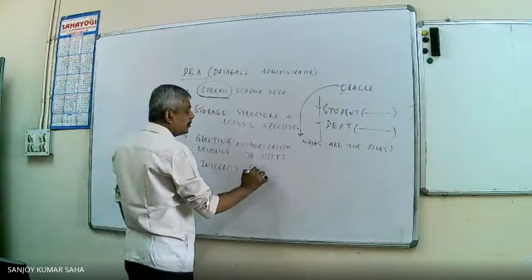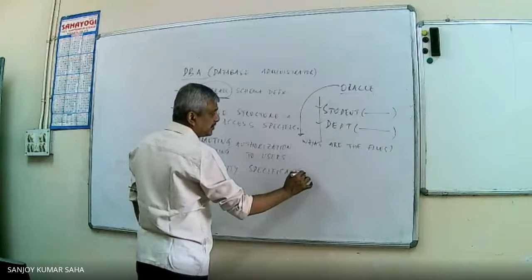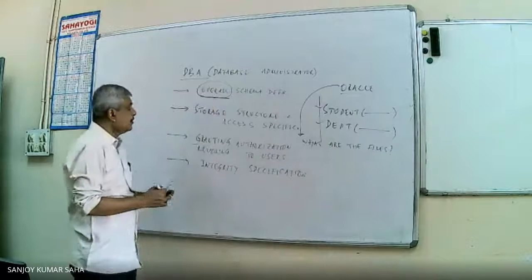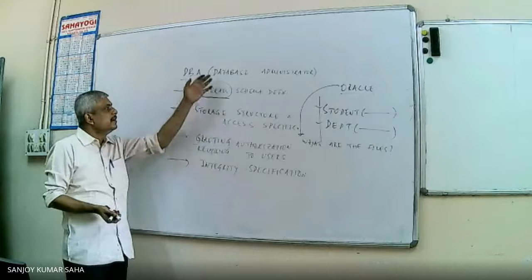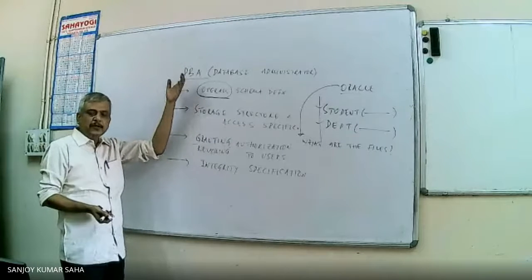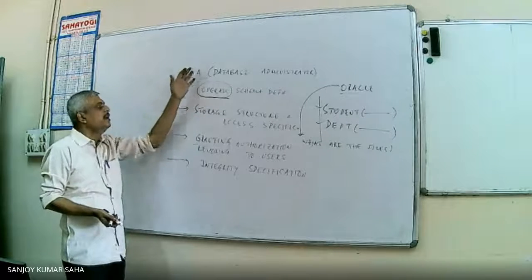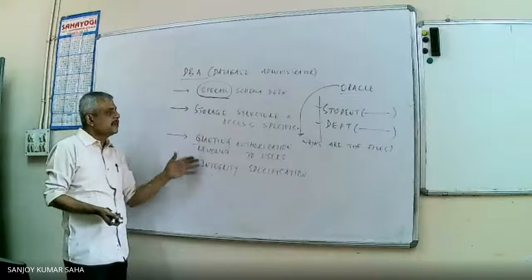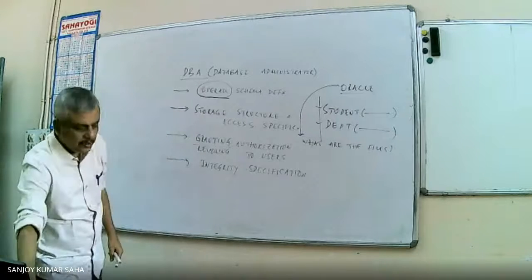All these things are higher level policies, and that higher level integrity specification is a special responsibility of the DBA. The user, when playing the role of the database administrator, can do this kind of activity. So this is a special kind of user.